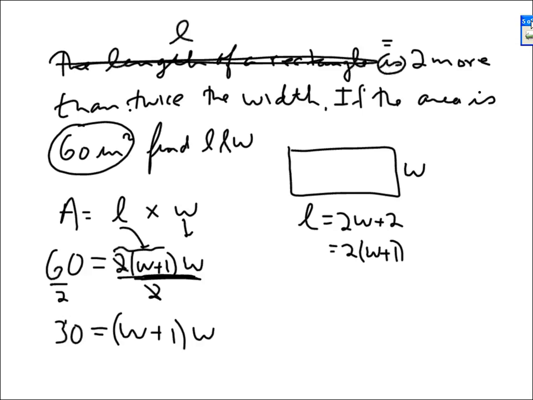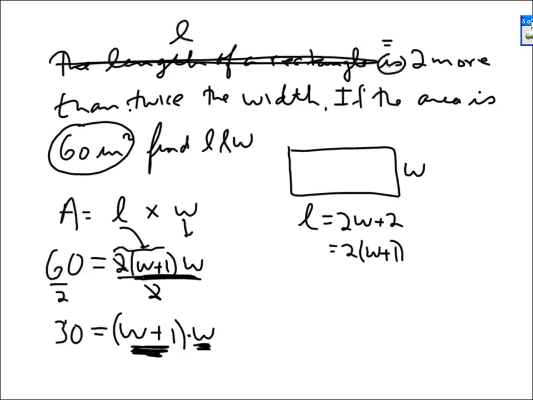And how I see this, now you should not, unless your teacher insists, multiply this out and factor or use a quadratic formula or complete the square or factor by grouping. You shouldn't do anything like that. W is some number. This number is one more. I'm thinking of a number and one more than that number.